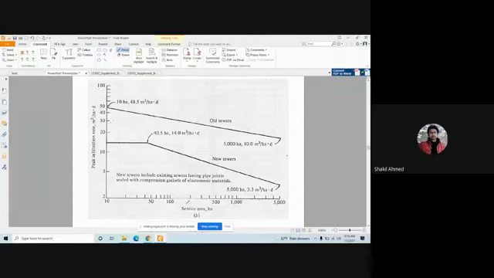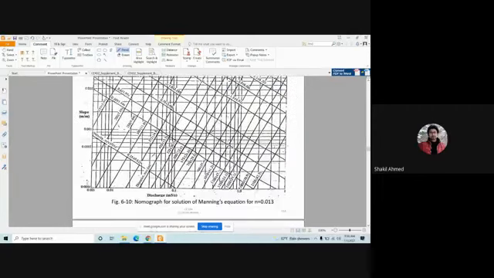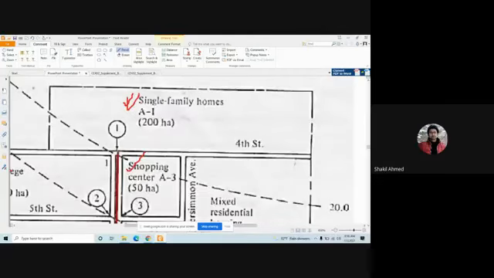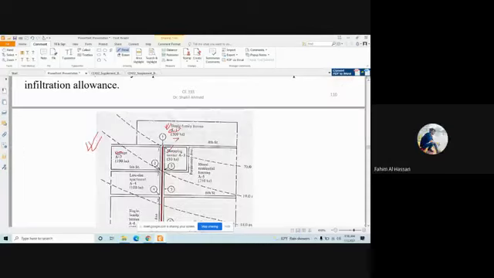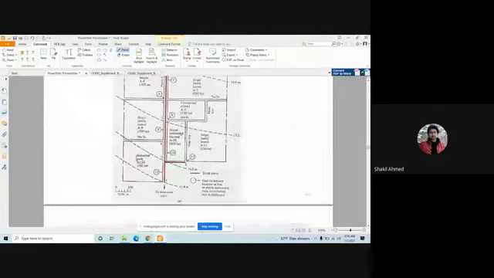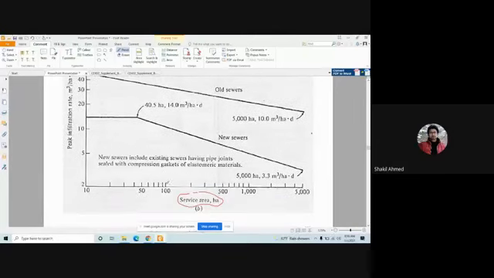If you have a service area of, for example, 100 hectare, look at this figure. What is the area of single family homes A1? 200 hectare, am I right? Yes, sir. So if we want to calculate the infiltration for this area, then 100, 200, right?